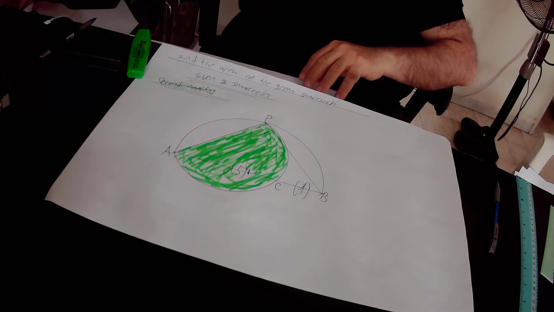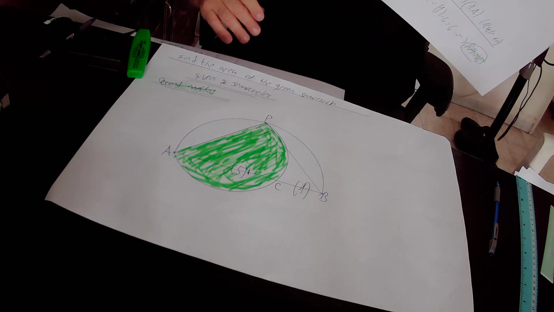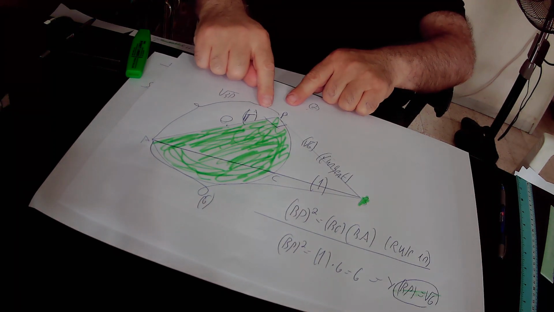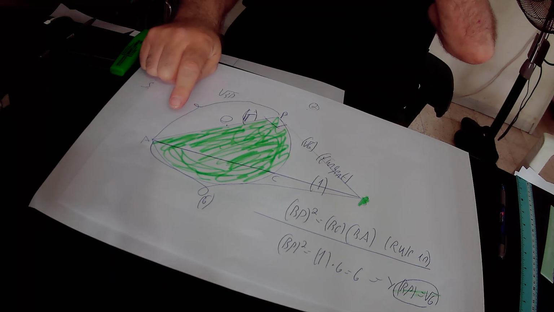Repeat again. AP is the diameter of this green semicircle.